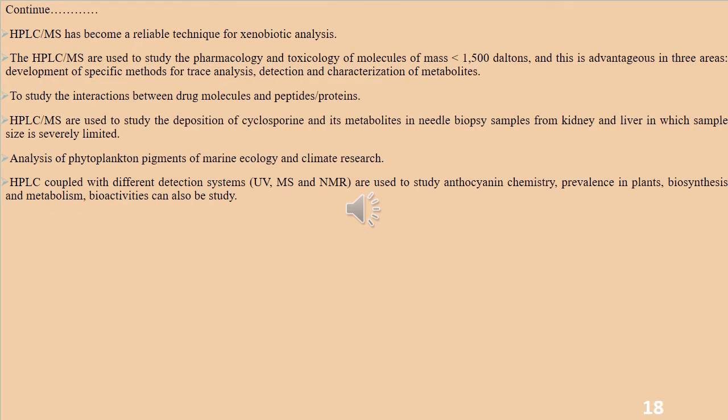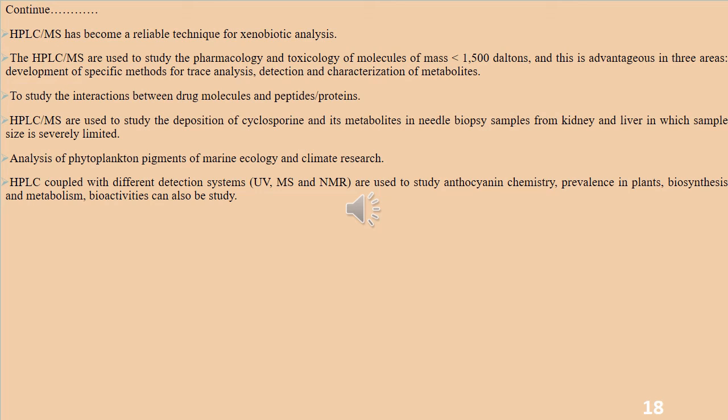HPLC-MS has become a reliable technique for xenobiotic analysis. HPLC-MS is used to study the pharmacological and toxicological properties of molecules of mass smaller than 1500 Daltons, and this is advantageous in three areas: development of specific methods for trace analysis, detection and characterization of metabolites.